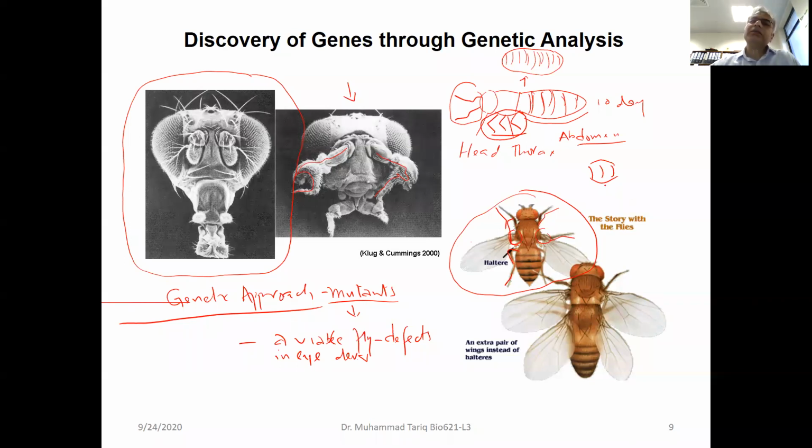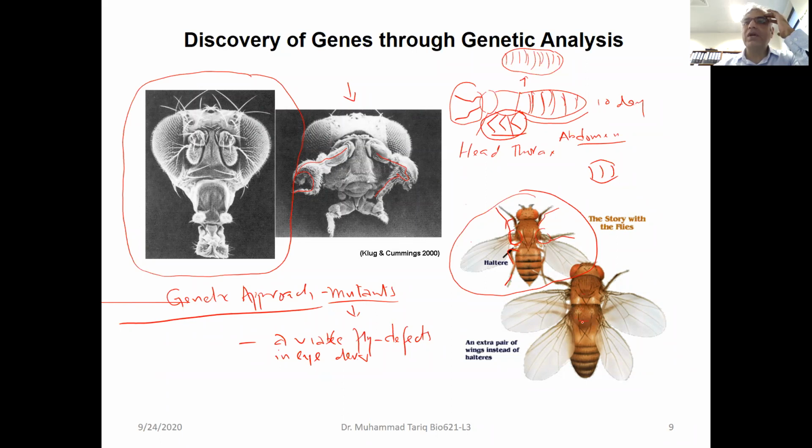So due to change in morphology, due to mutation, due to genetic lesion, due to the process of mutagenesis, you can see now the T2, the thoracic segment, is duplicated.